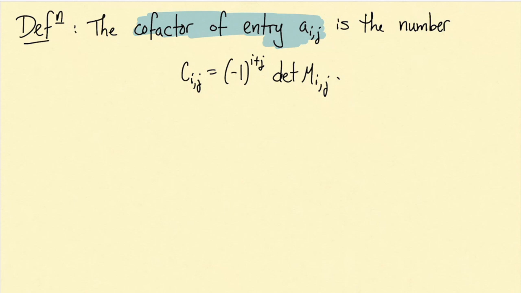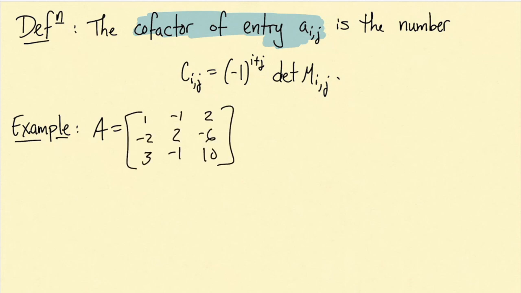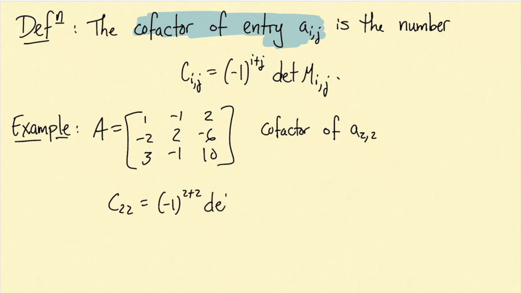So as an example, let's go back to our first 3 by 3 matrix, which was 1, -2, 3, -1, 2, -1, 2, -6, 10. If we want to compute the cofactor of entry A22 for the matrix, we take -1, raise it to the 2 plus 2 power, and then multiply it by the determinant of M22, which we found was the matrix 1, 3, 2, 10.